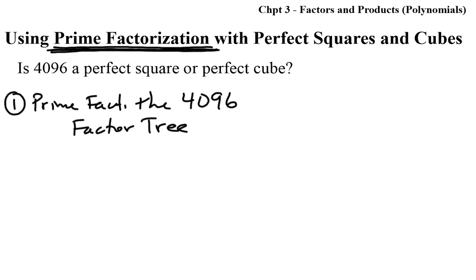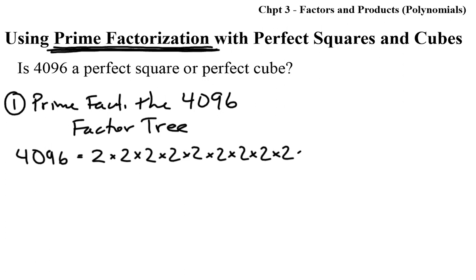So how does this help us? We know that 4,096 is, and I'm going to write it out 12 times. What do I got? 1, 2, 3, 4, 5, 6, 7, 8, 9, 10, 11, 12. Well, if I want to square root 4,096, I need something times itself.